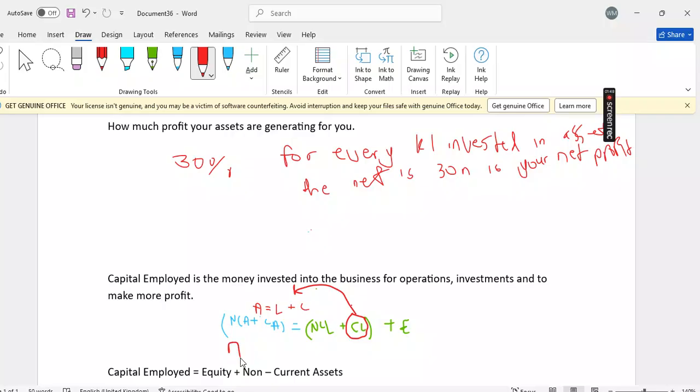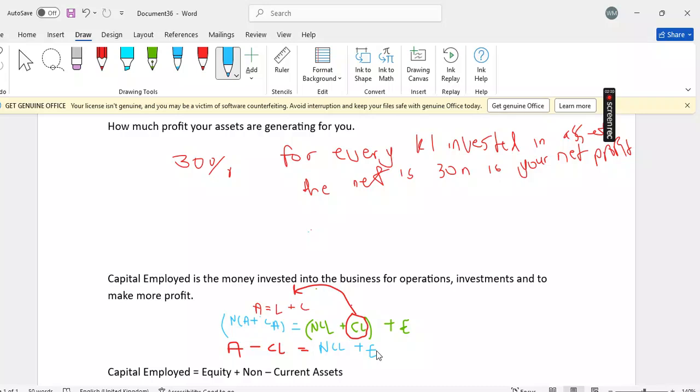So basically, non-current assets plus current assets, total assets, minus current liabilities equals non-current liabilities plus equity. So this is long-term financing.